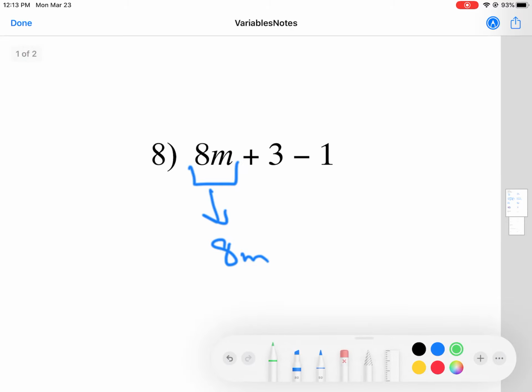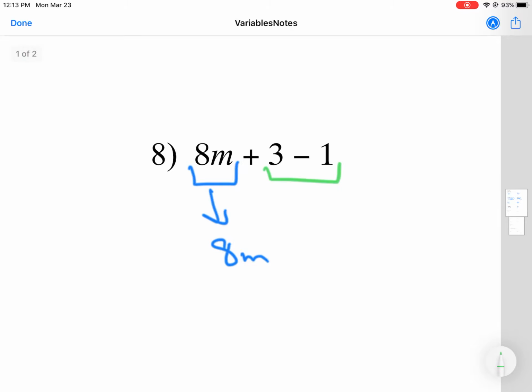Now, I have a 3 minus 1. Those I can combine because they're just regular whole numbers. 3 minus 1 is 2, but it's a positive 2, so I write 8m plus 2. And that is my final answer because this 2 does not have an m, so we can't combine these.